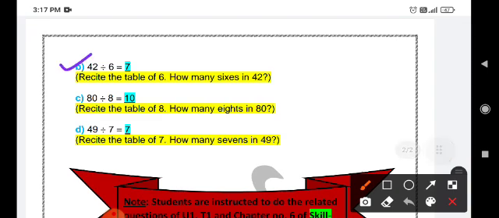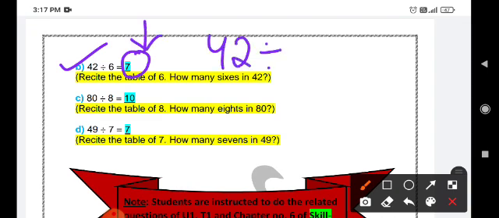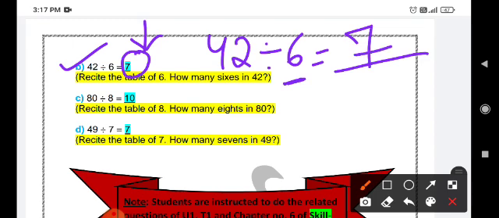Now, 42 divided by 6 is equal to 7. How can we get this quotient? You have to recite the table of 6. How many 6s are there in 42? There are 7 sixes in 42. 6 sixes are 36, 6 sevens are 42.